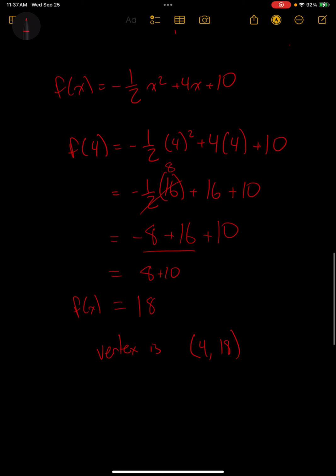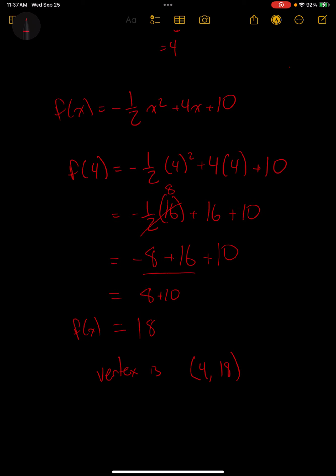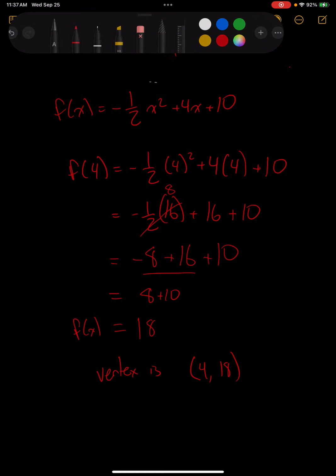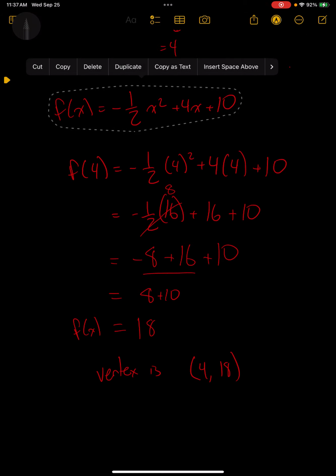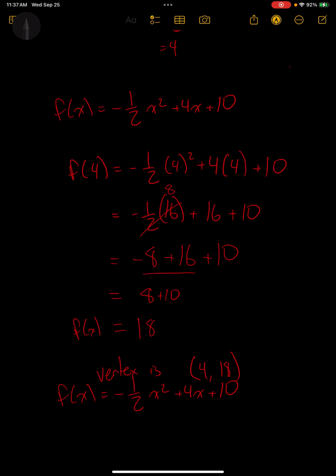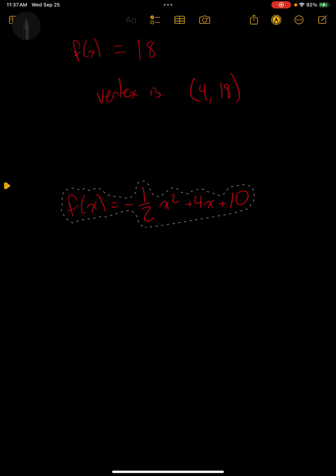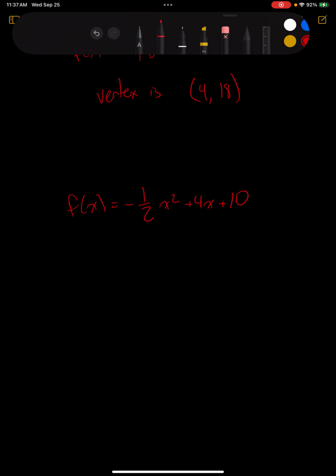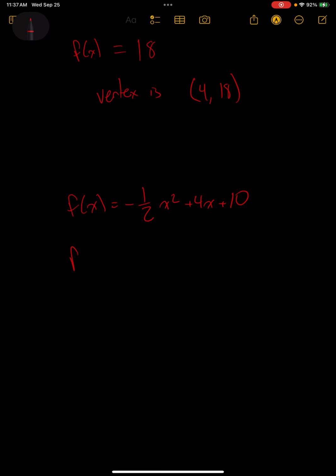All right, so it said find 2 ways to do it. So let's find 2 ways. I'm going to go ahead and duplicate this again. Another way to do it is, well, I don't really like doing this, but you've got to do it when you have to do it. You complete the square. So f at x equals, take out the first term. That's step 1. What are we left with? We're taking out minus half from both of these.